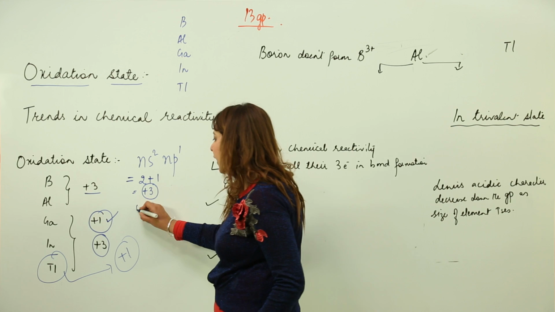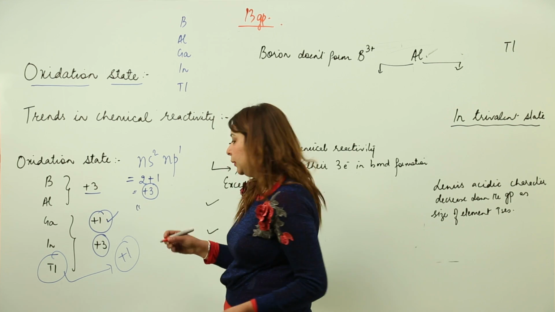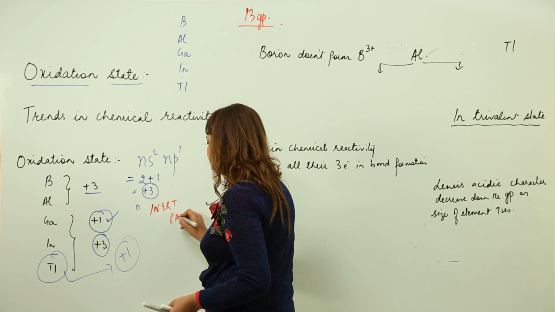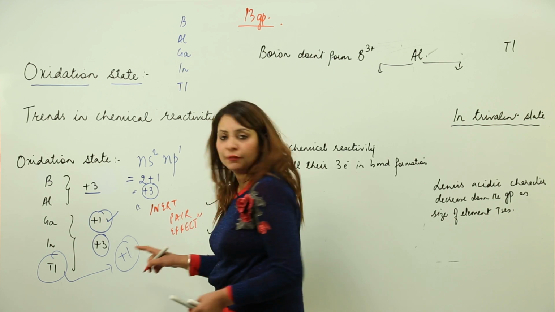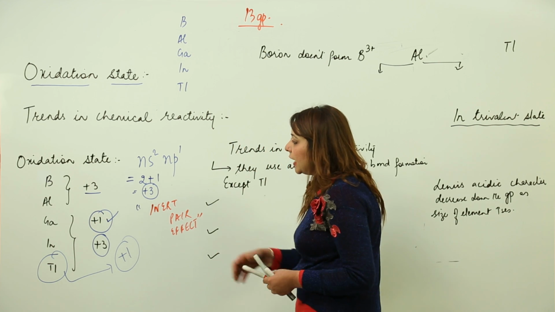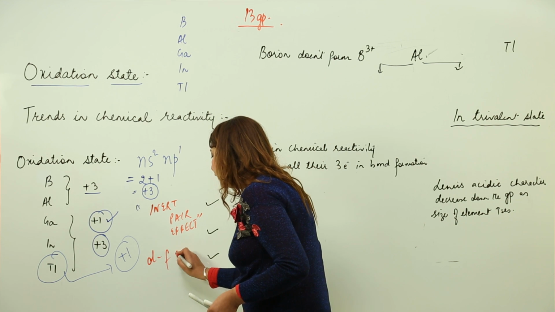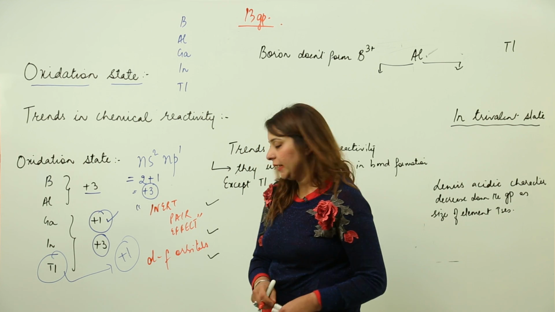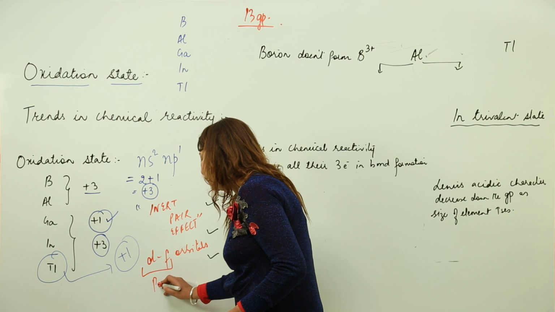And what is the reason behind this? We have already discussed it when we were discussing the general properties of the p block, that is the inert pair effect. I'll just recall it in a short span. As we move down, filling of d and f orbitals takes place, due to which they show poor shielding effect.